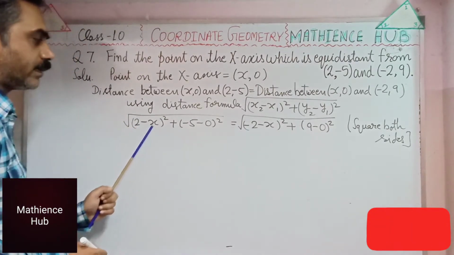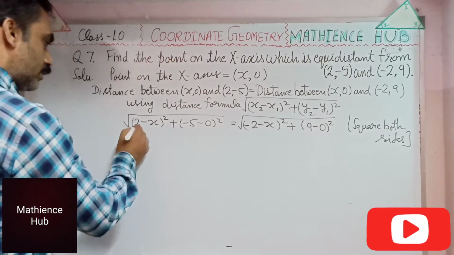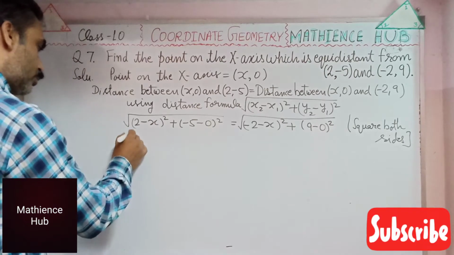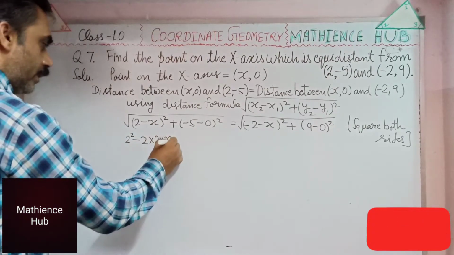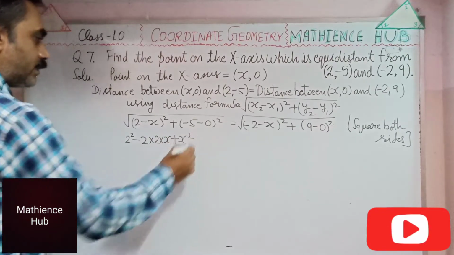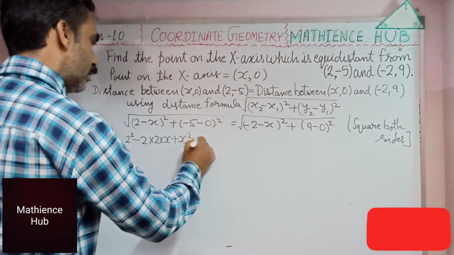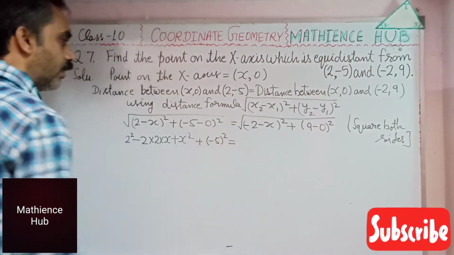(2 minus x) square: the formula (a minus b) whole square we did in 9th class. A is 2, b is x. So 2 square minus 2ab plus b square, means 2 square minus 2 times 2 times x plus x square, plus (-5 minus 0) is -5 square.